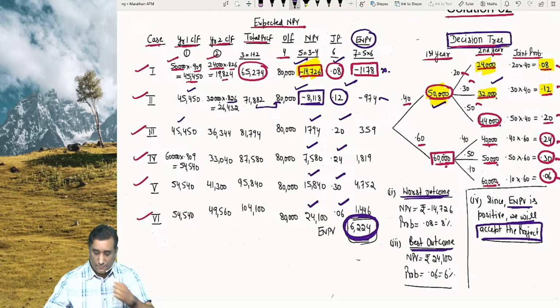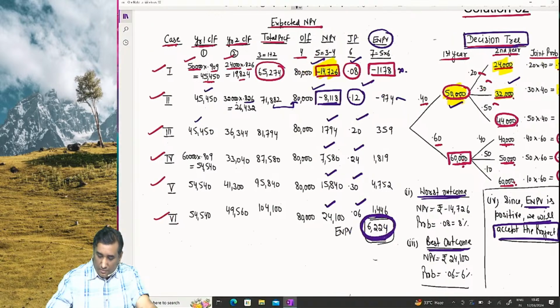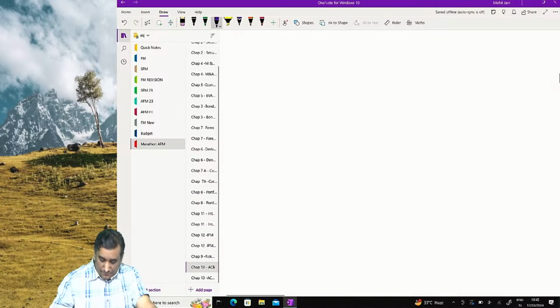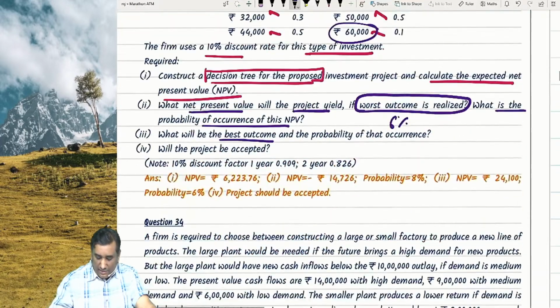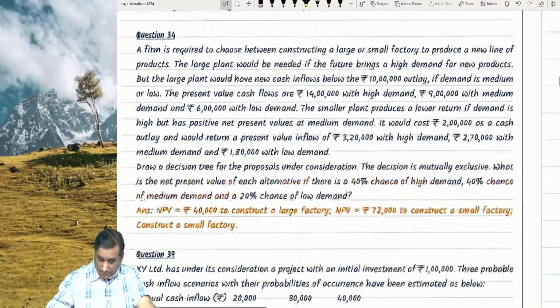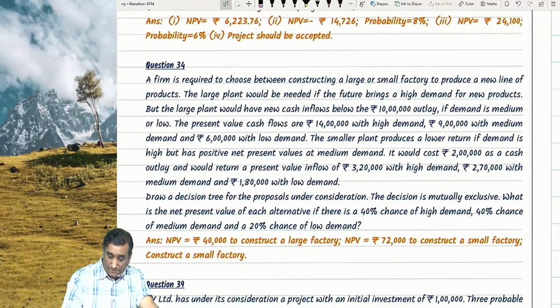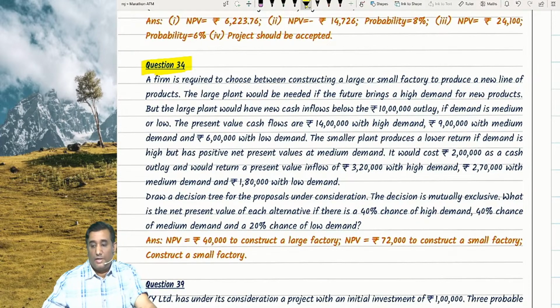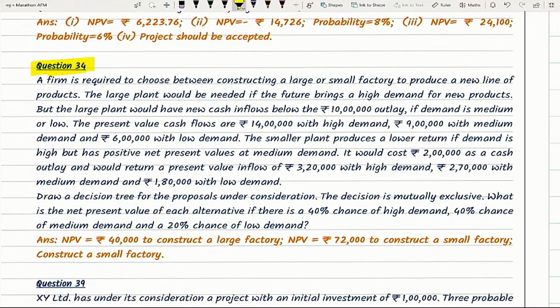Done? Now look at the next question. Read the next question once. 34. Read out quickly, please. 34.